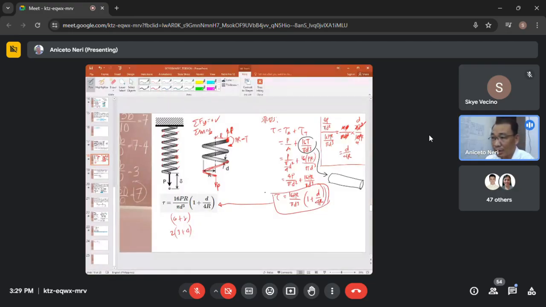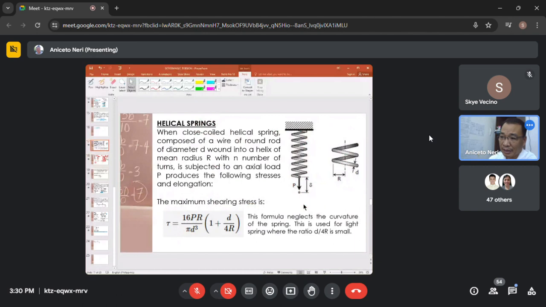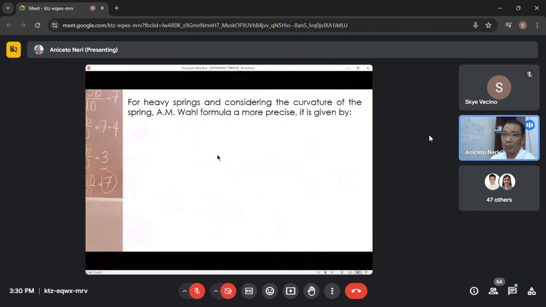So, na-error ni nga kini nga formula, simplified form, na-error ni. Error of curvature. So, ang gihimo, na naka-interest na si Wahl and nagbuhat siya iyang formula. I-consider niya ang effect sa curvature sa spring, and he came up with his own formula, a more precise formula compared to the previous one.